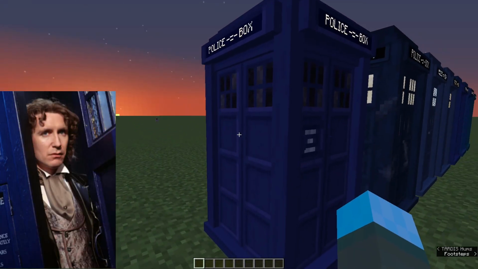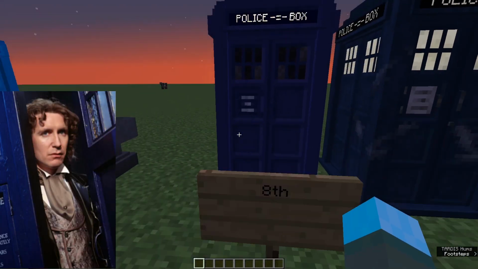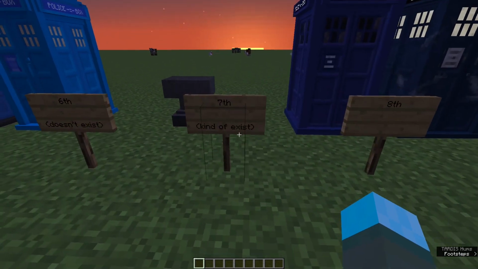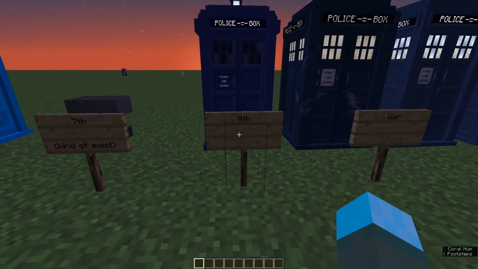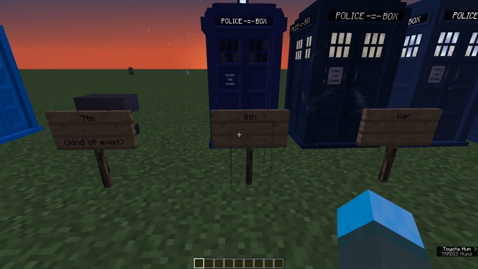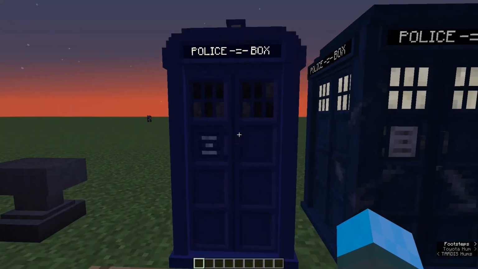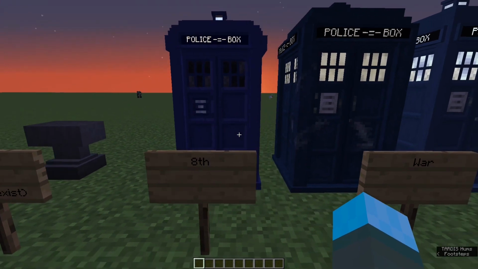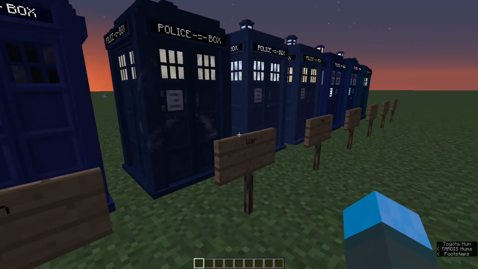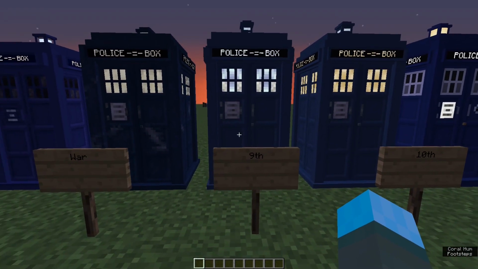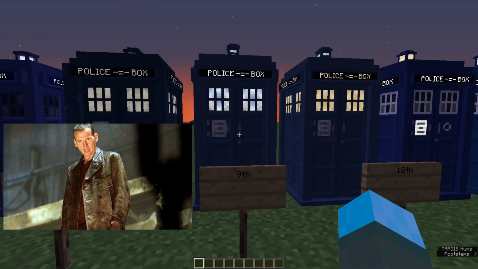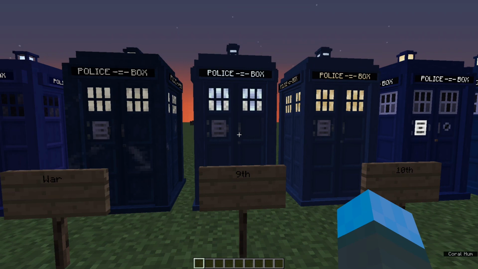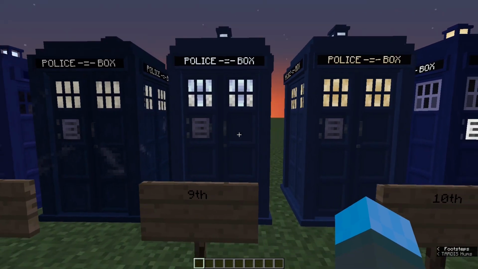Eighth Doctor TARDIS. After a period of time, after the Seventh Doctor, the show got cancelled and was brought back for a film for the Eighth Doctor. It then got brought back in 2005 in form of the Ninth Doctor. However, he was talking about Gallifrey being destroyed and stuff.